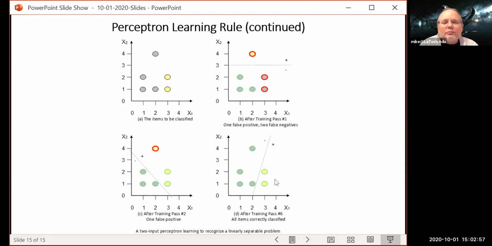And after many iterations, this is after pass 6 in this case, the decision surface will be such that everything is properly characterized. Everything on the plus side of the decision surface fires, and everything on the negative side of the decision surface does not fire.